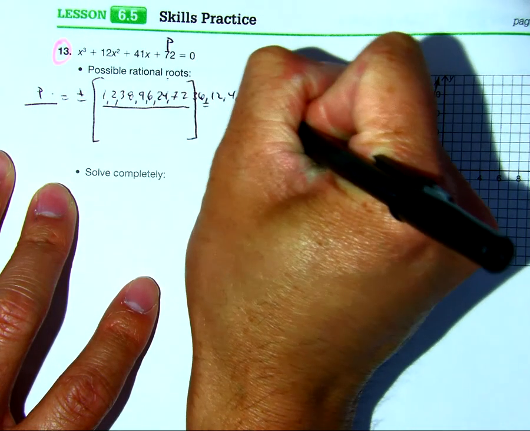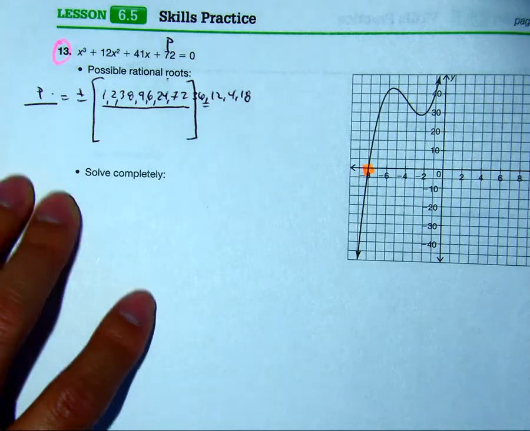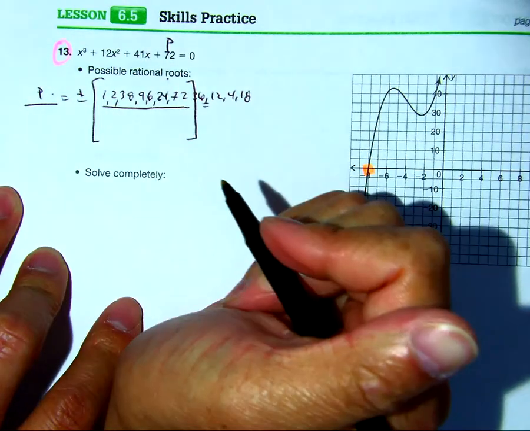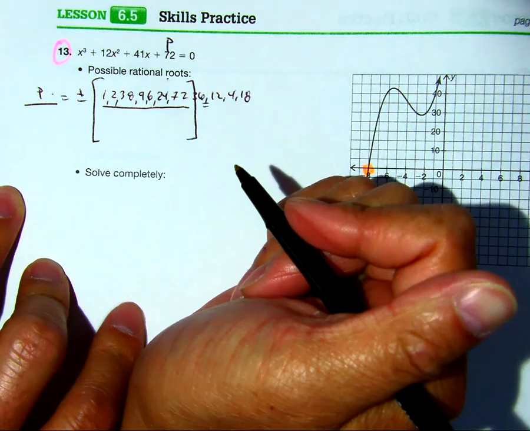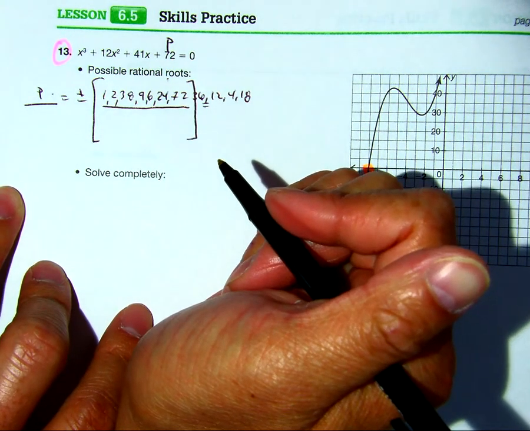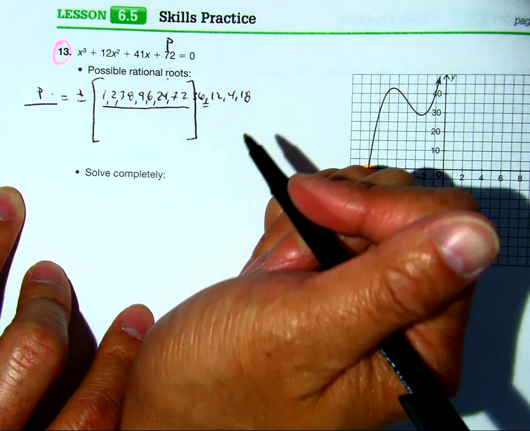And 4 times 18. A lot of numbers, right? Any other numbers? Did you write 72 on that? Right there.